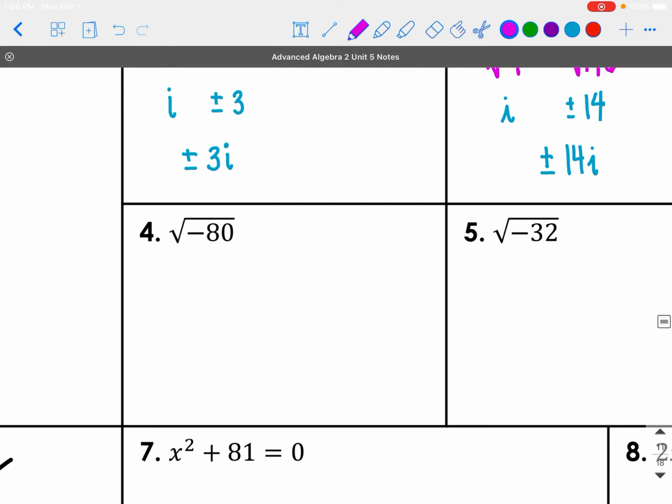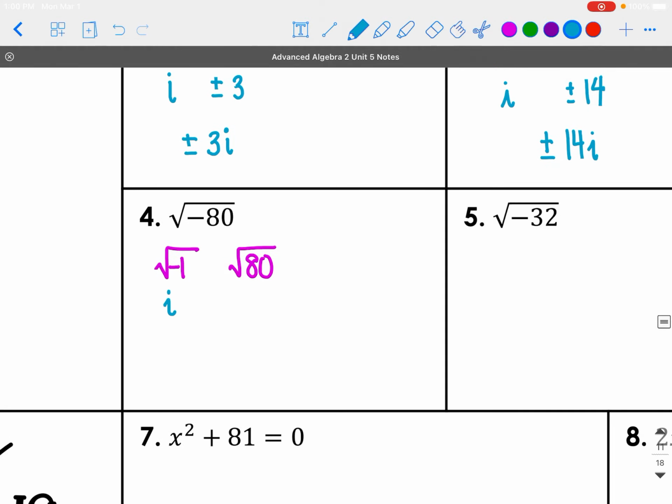Number 4, square root of -80. Now, the square root of -1 we know is i, but the square root of 80 is not a perfect square. So we've got to figure out what the largest perfect square is that goes into 80. So take 80 divided by 49.